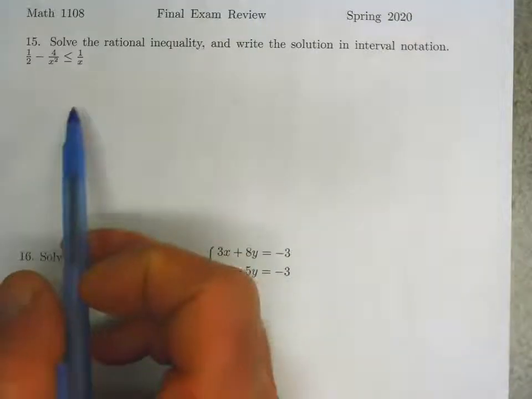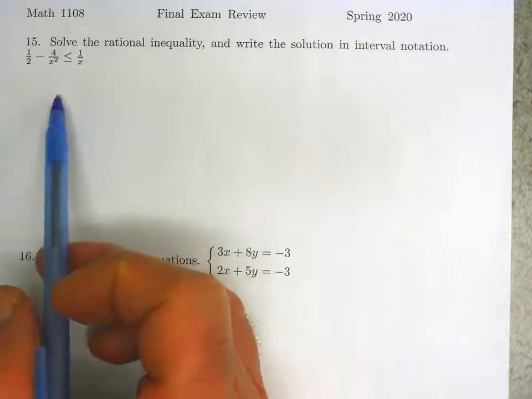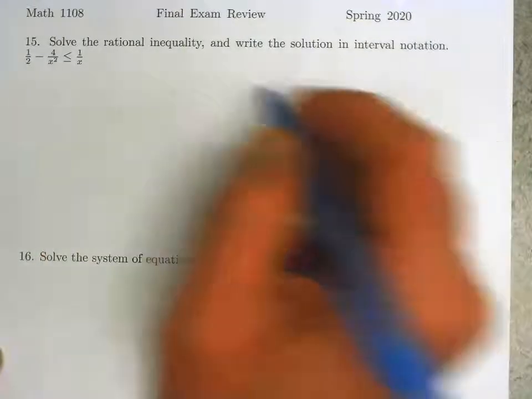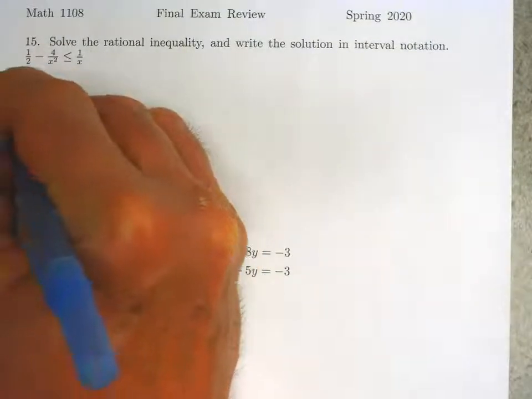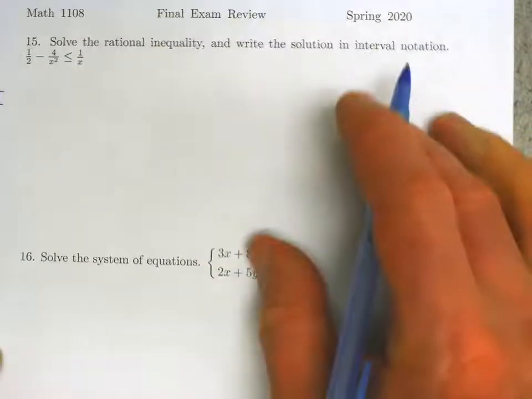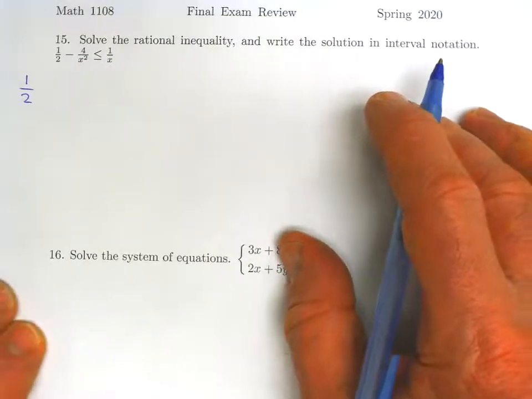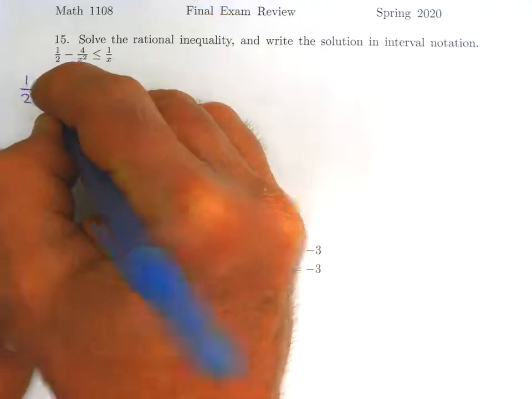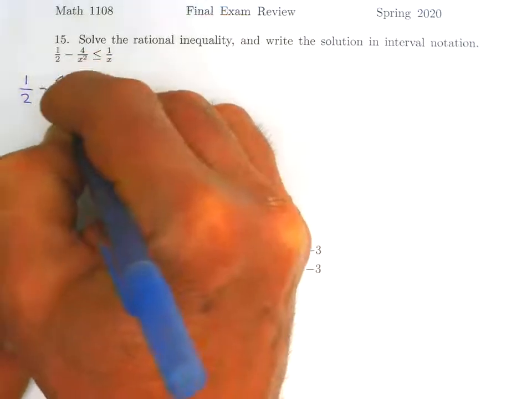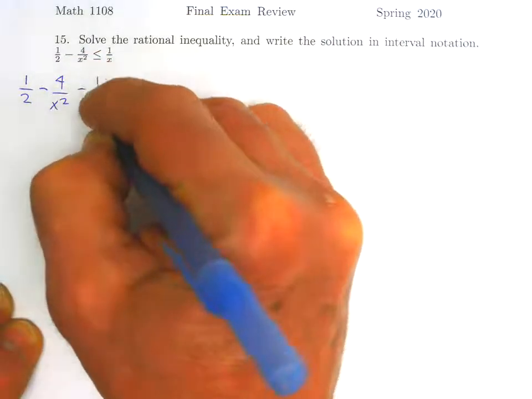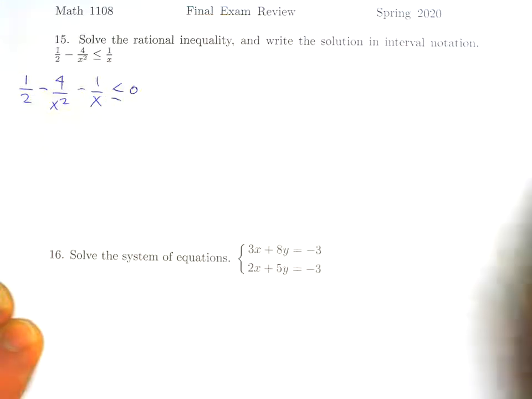So we have some intermediate work to do first. First we'll subtract 1 over x from both sides. So we have 1/2 minus 4 over x squared minus 1 over x is less than or equal to 0.